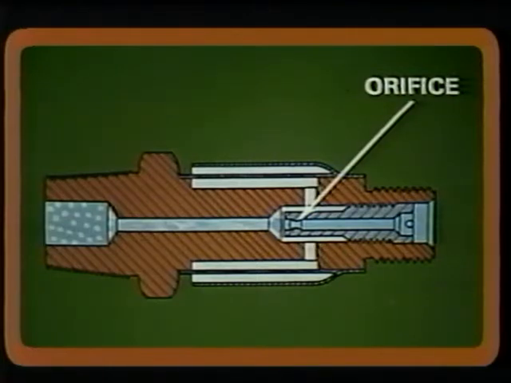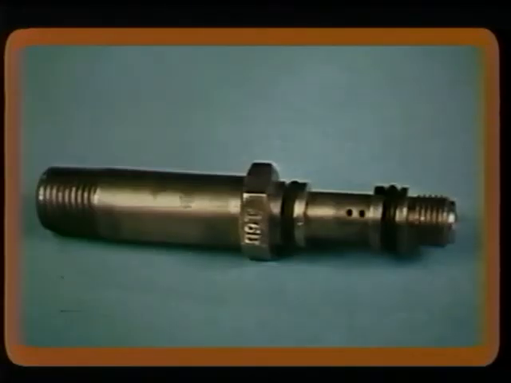There are several orifice sizes used in these nozzles. Their flow range is identified by a letter stamped on the side of the nozzle. The lower the letter in the alphabet, the more fuel will be passed by the nozzle for a given pressure.